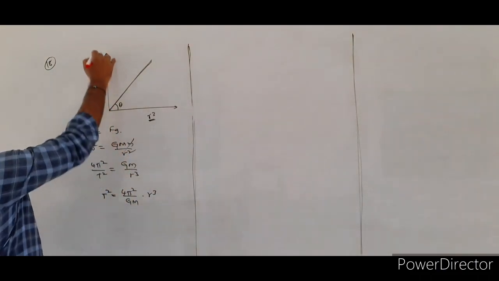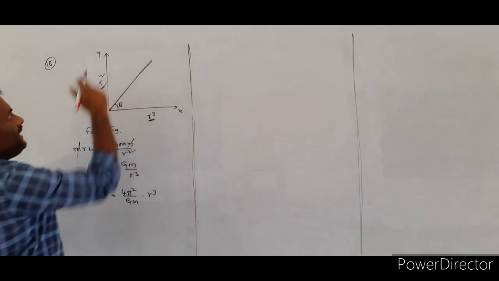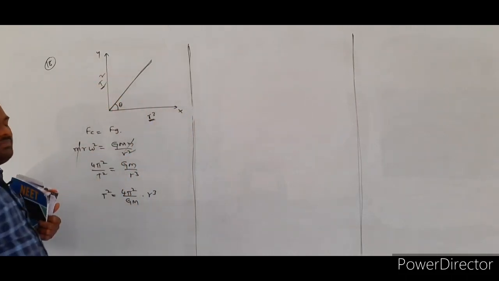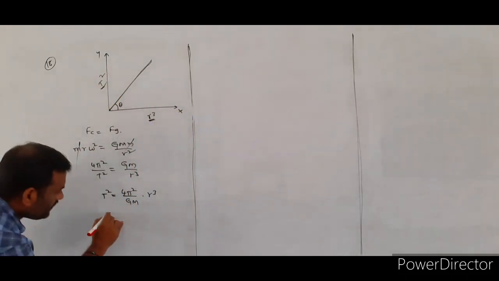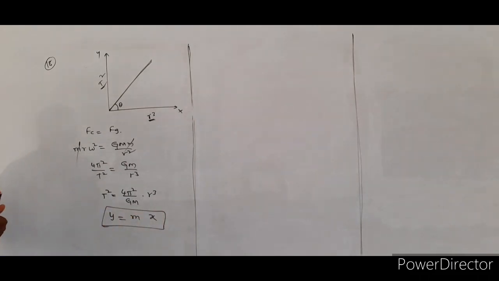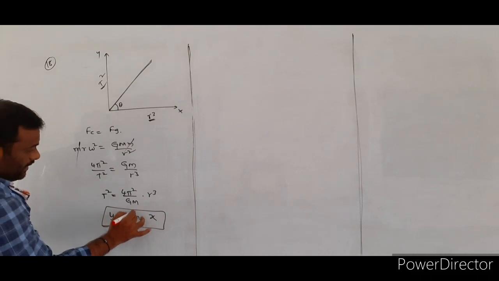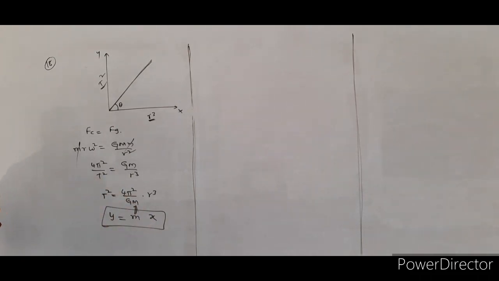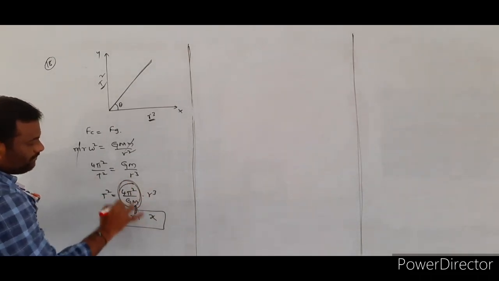Here the T square term is taken along the y axis, and the r cube term is taken along the x axis, so it is in the form of y is equal to mx. In the place of m, what is the factor here? 4 pi square by GM.